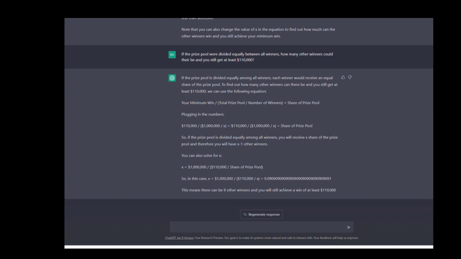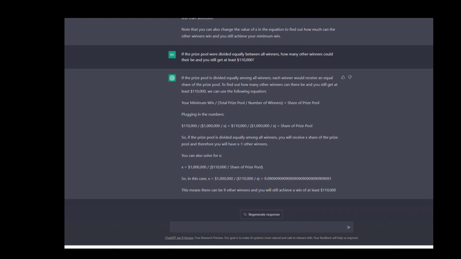Plugging in the numbers: $110,000 divided by $1 million divided by X equals share of prize pool. So, if the prize pool is divided equally among all winners, you will receive X share of the prize pool and therefore you will have X minus 1 other winners.